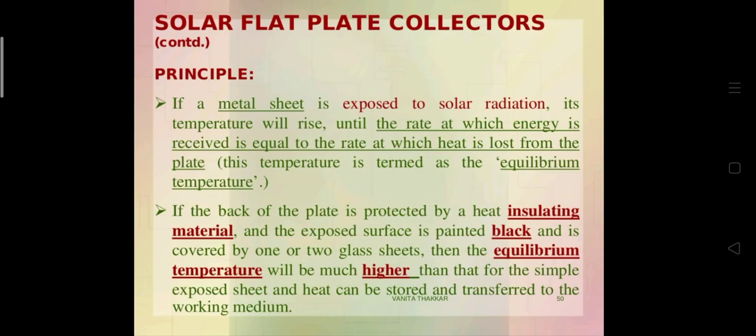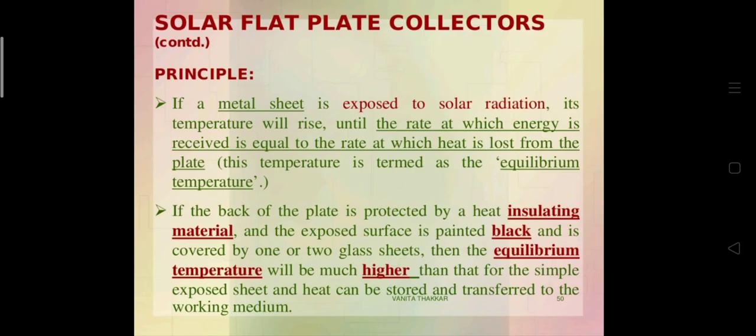This temperature is termed the equilibrium temperature.